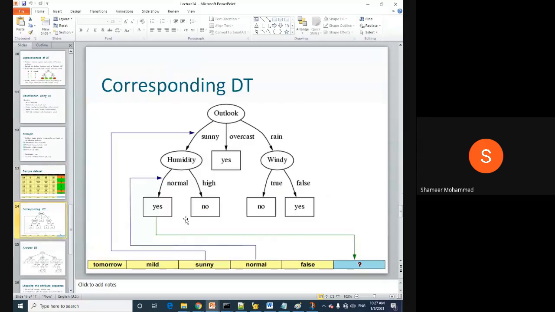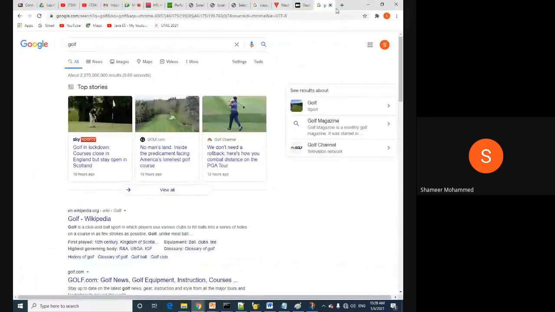Based on the decision tree, we can understand what the answer is. See here, if it is sunny, you go for checking humidity. What is humidity according to today's date? It is normal. So normal means you can play the game. How did you get this? There is a mathematical formula to draw this decision tree. I want to show you that one.